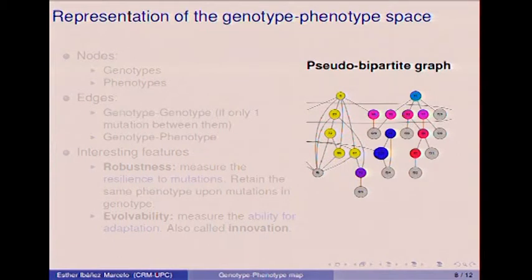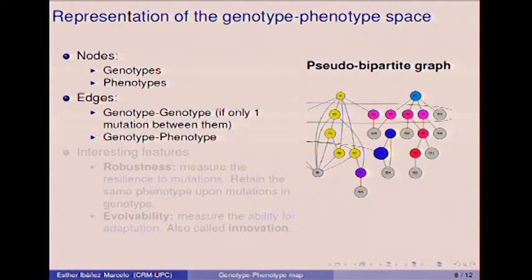and the final state is going to be our phenotype. How to represent this in the genotype-phenotype space? With a pseudo-bipartite graph, where nodes are going to be genotypes, which we can see here in colors other than gray, and phenotypes, which are going to be nodes in gray.